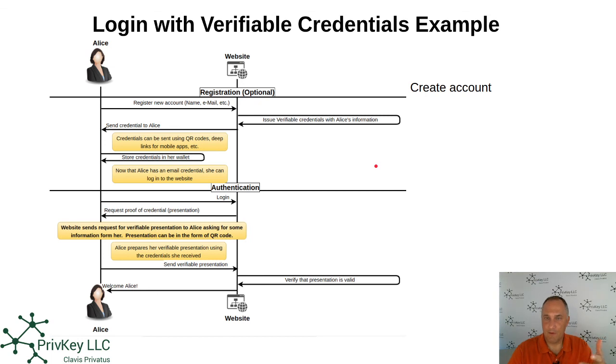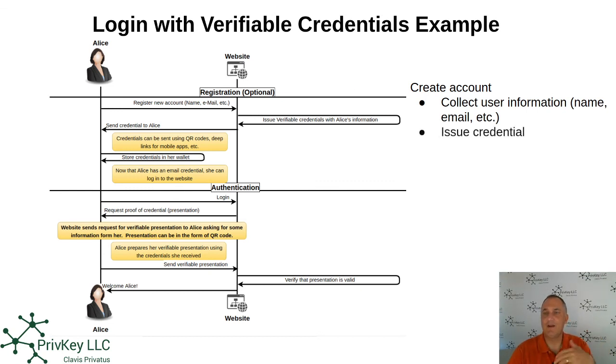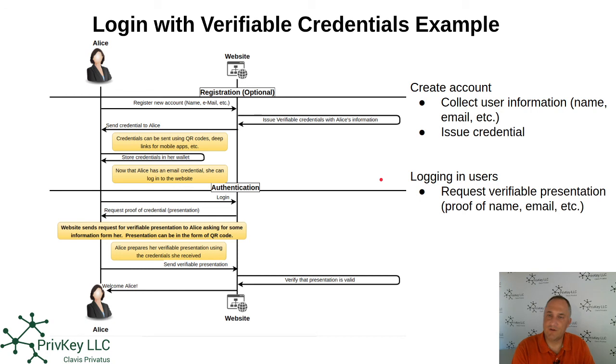So just to review, you've got the registration part, which is the create account task. It collects the user information, name and email, etc., and then it issues a credential, and ownership of that credential goes over to the holder, in this case Alice. In practice, when Alice wants to log in, the reverse goes in.